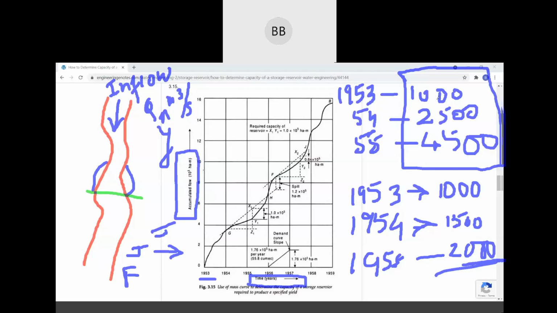As we are adding the values, you can see these values are always in increasing order. You can see here you have 1000, then 2500, then 4500, and so on, because we are adding the values. That is the reason why our graph is in increasing order. It's always increasing from zero.